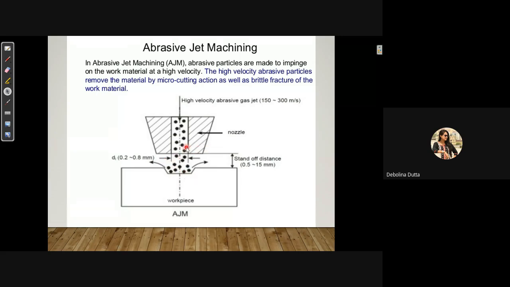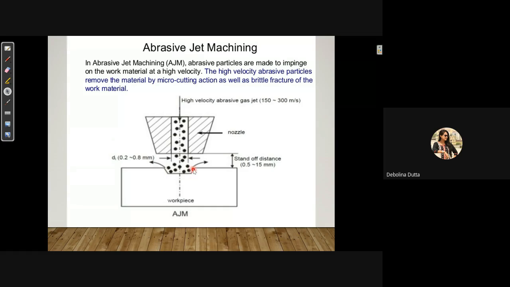Okay, understand? What I just said, you can write down in a bullet point: when these abrasive particles interact with the workpiece, the kinetic energy of those particles is converted into mechanical work and indents the surface.